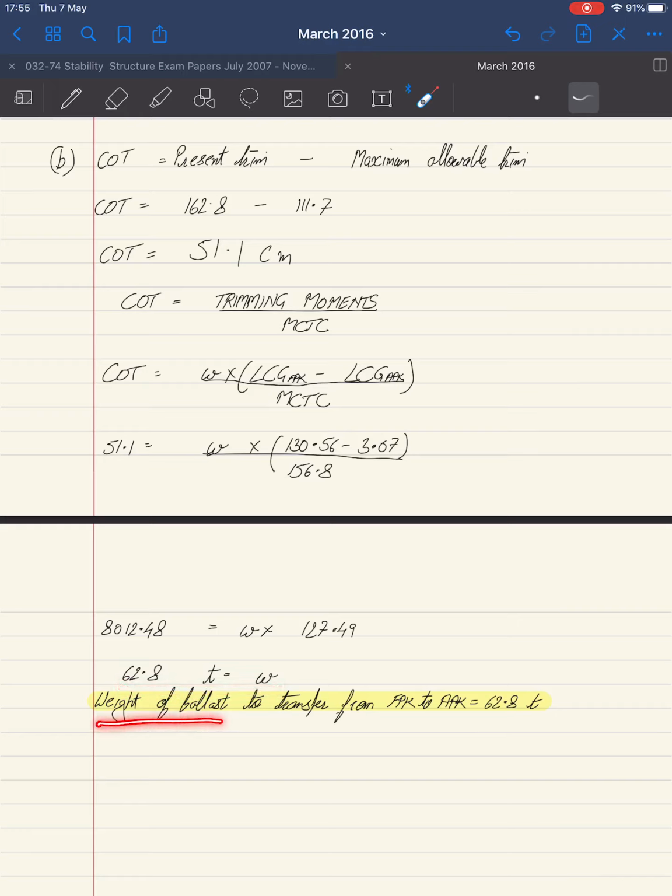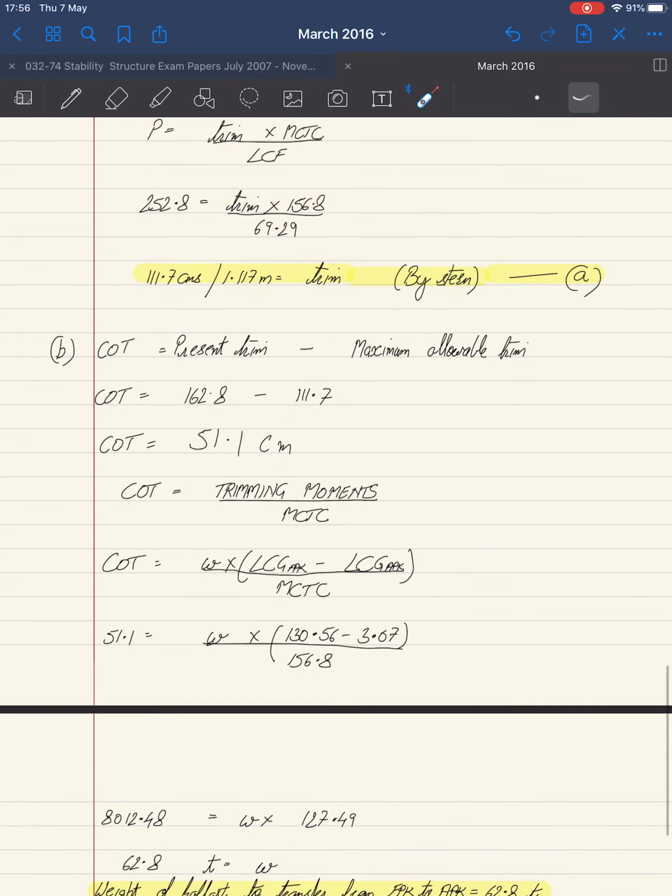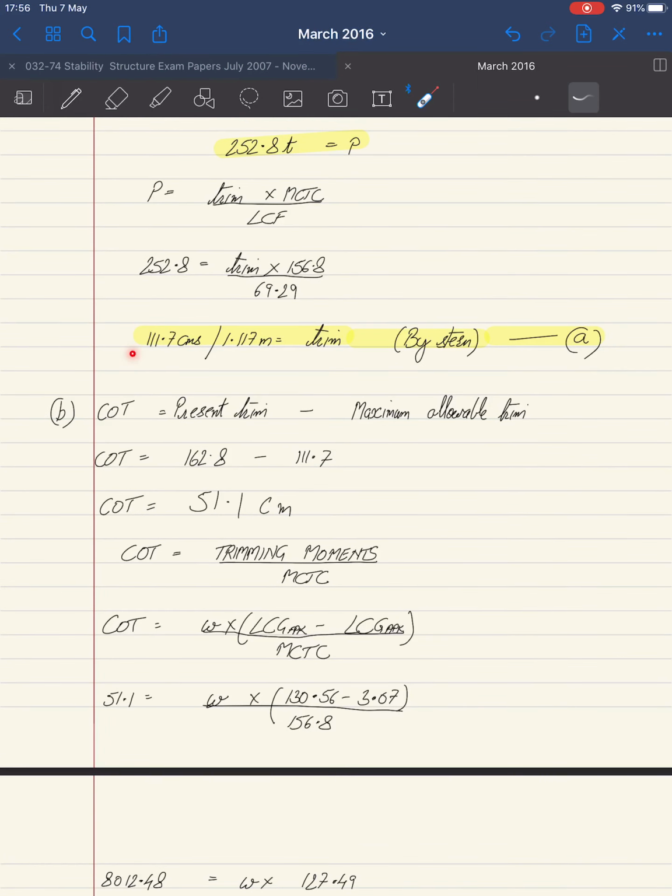So weight of ballast to transfer from aftpeak to forepeak will be equal to 62.8 tons. If this weight is transferred, the vessel will achieve the maximum allowable trim, which is equal to 111.7 centimeters, which will help the vessel to maintain a minimum GM of 0.15 meters at the critical instant.